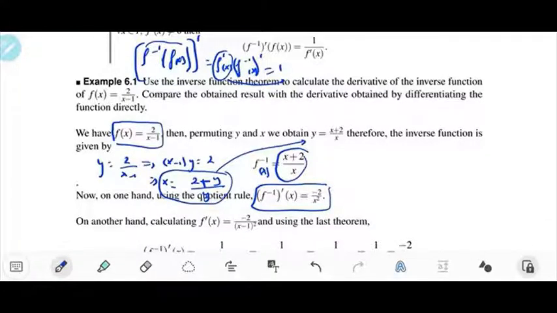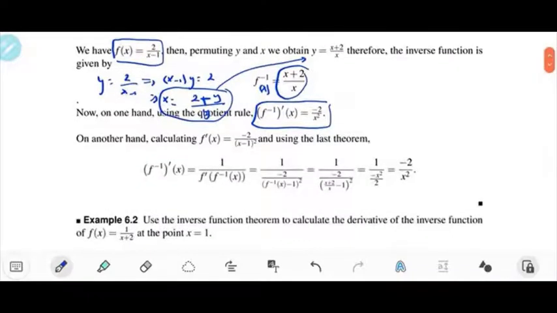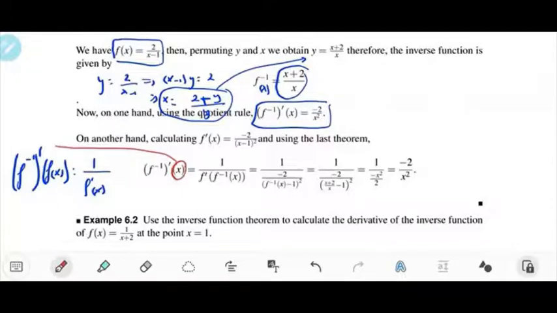And on the other hand, if we want to calculate the derivative of f minus 1 using the last theorem, we will say that f minus 1 prime at a point x, of course, the theorem says that f minus 1 prime at f of x is equal to 1 over f prime of x, right? So the x is in here, replaces the f of x in here.